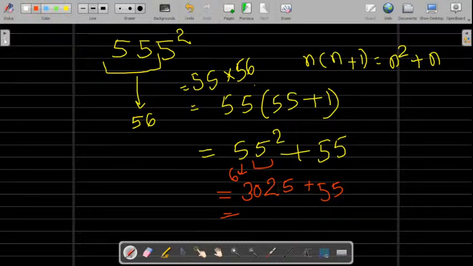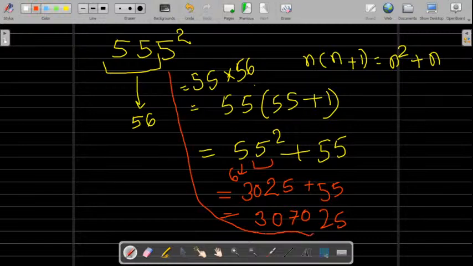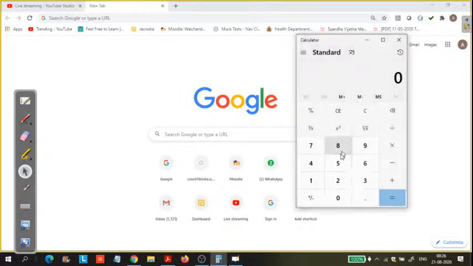So here 55, 60, 70, 3070, and add the last 5.